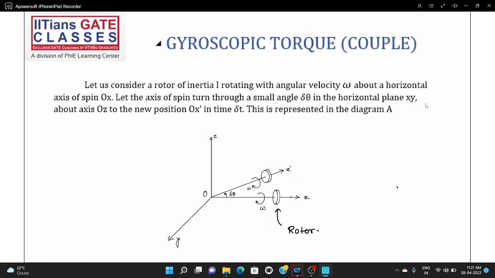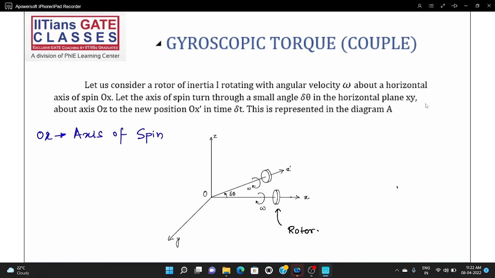Whatever it is, this is a rotor which is rotating. So OX becomes the axis of spin. This is the first axis we are talking about, the axis of spin.